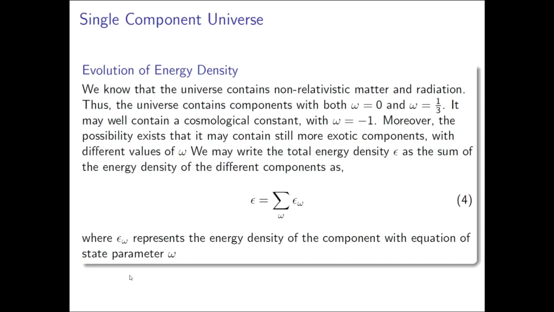Equation number 4 tells us that we can sum over all these components to get the total energy density of the universe, summing over each omega.